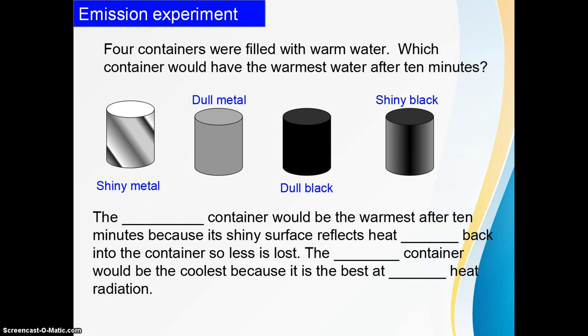One is a shiny metal container, another is a dull metal, the third is dull black, and the fourth is shiny black. The shiny container would be the warmest after 10 minutes because its shiny surface reflects heat radiation back into the container, so less is lost. The dull black container would be the coolest because it is the best at emitting heat radiation.